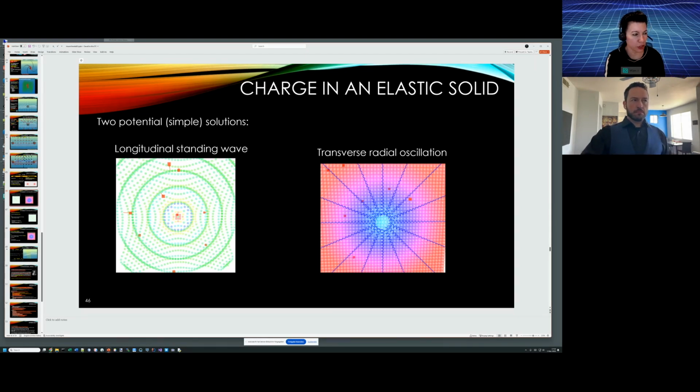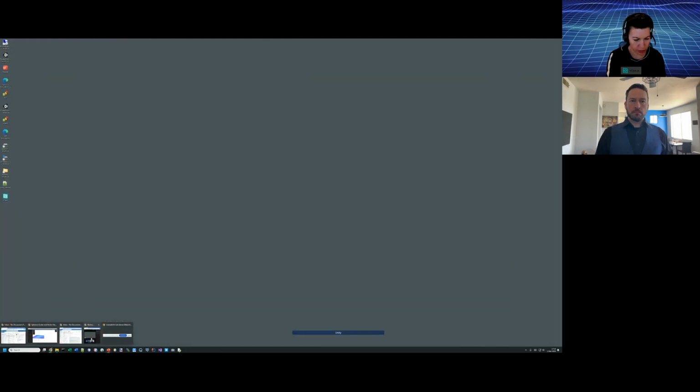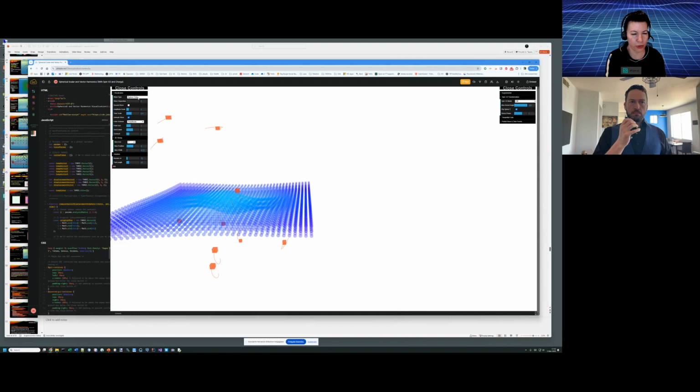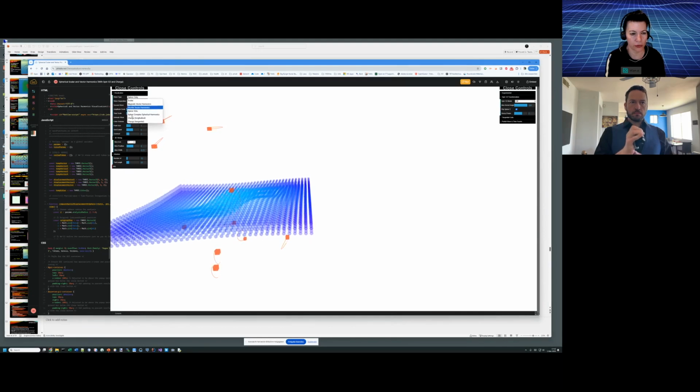Maybe it's easiest if I show it with the simulation. Where is it? Did I close it? Oh, there it is. Okay, so if we go to the longitudinal version.